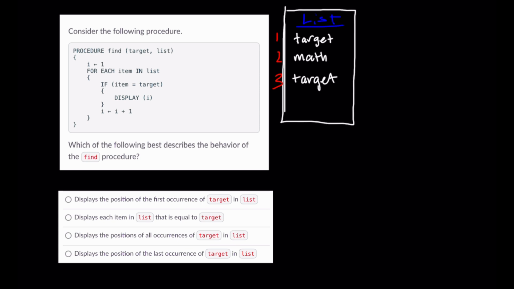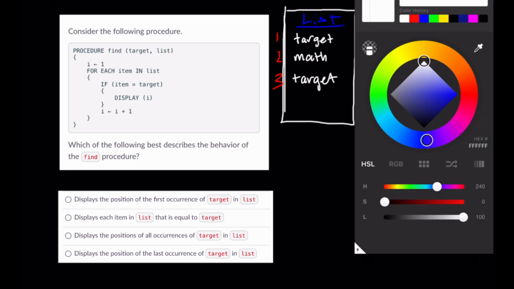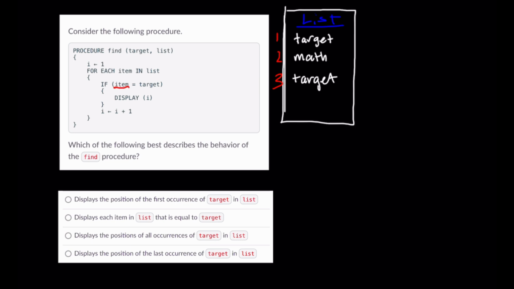It says if item is Target, then display. And item basically means the number in the list, because we're repeating for each item. So if we're on our first repeat, then item number 1 of the list.